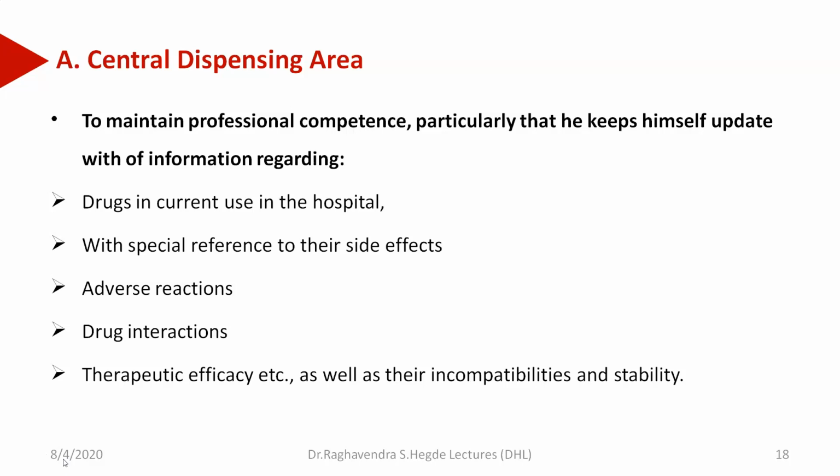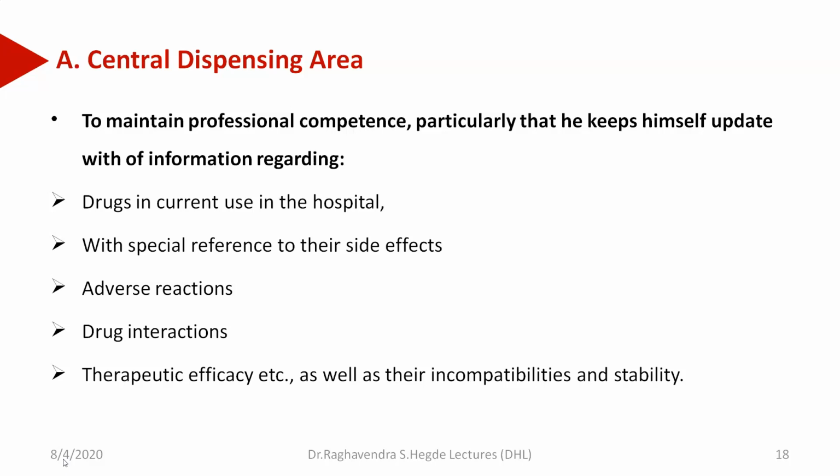Suppose, one example if I want to quote, you have notified one drug which can cause cough. For example, ACE inhibitors inducing cough, and you have reported that this is the ACE inhibitor which is inducing cough. You can switch to the ARBs, angiotensin receptor blockers, instead of angiotensin converting enzyme inhibitors.